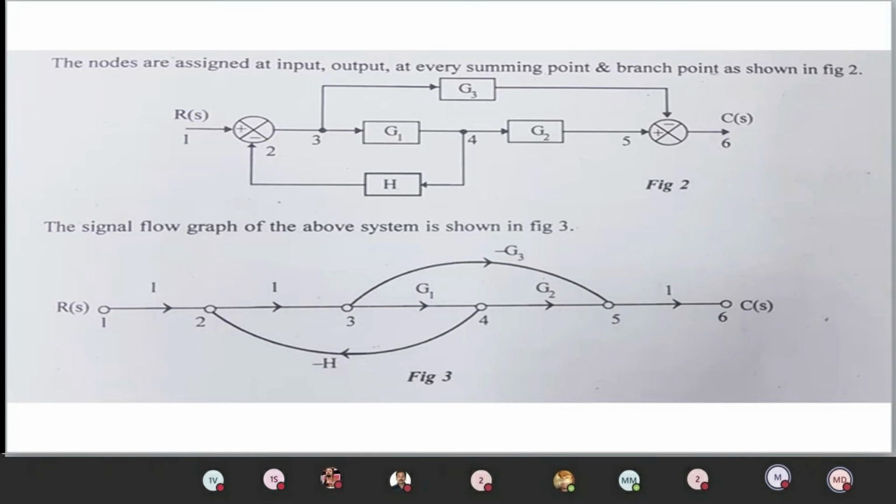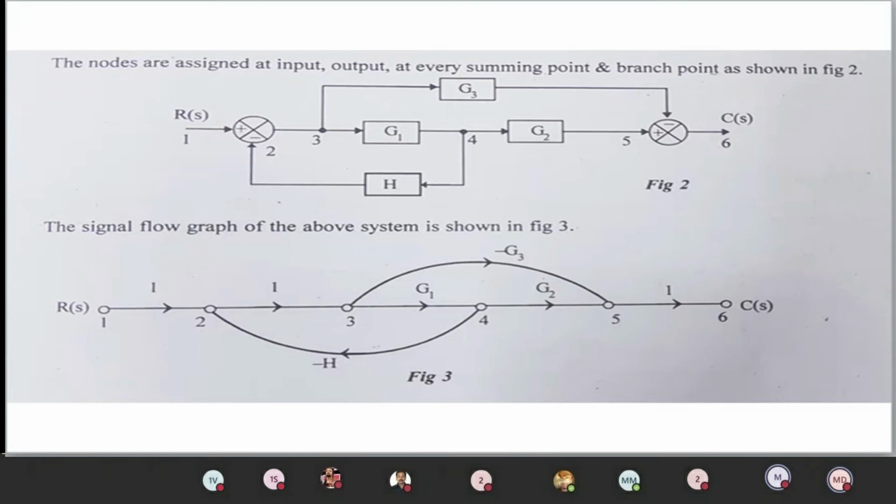Between R of S and the summing point, you don't have any gain, so substitute 1. It is assumed to be unity, and don't commit the mistake of substituting 0. 0 means you don't have any path at all. If you put 1, it is a unity gain path.